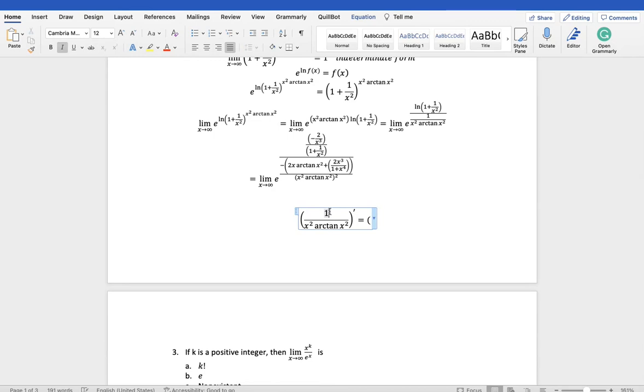The derivative of 1 is 0, and multiplied by the denominator you just get 0 as well. And then minus the numerator, which is 1, multiplied by the derivative of the denominator, so multiplied by the derivative of x squared times arctan x squared, right?